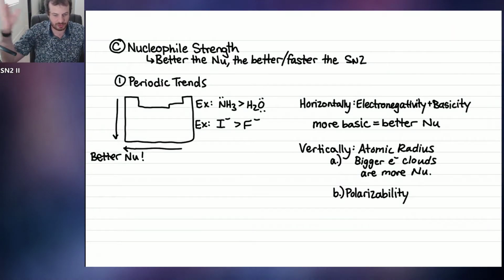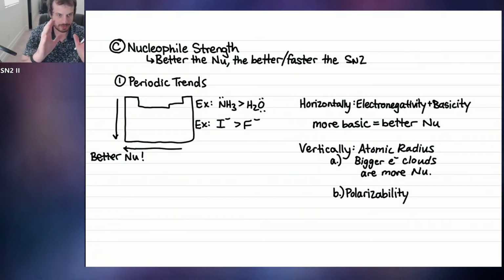So just having a larger... This is a better way to do an analogy. Let's say you're trying to push something through a keyhole, okay? You've got a tiny little keyhole and you want to push a piece of fruit through it. What is going to be easier to push through a keyhole, an avocado or a walnut?